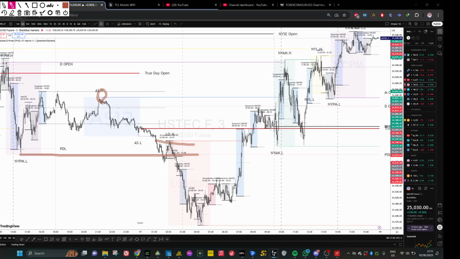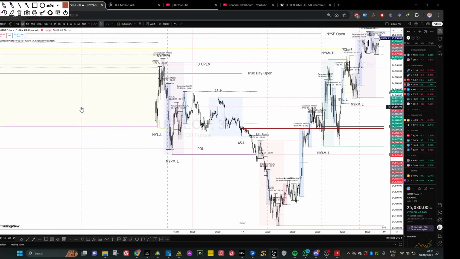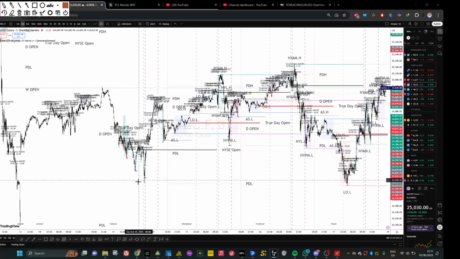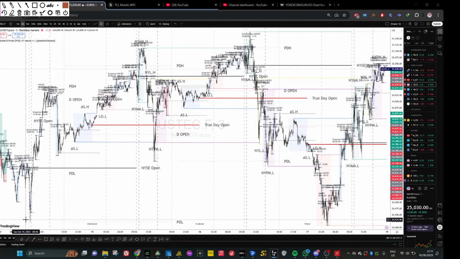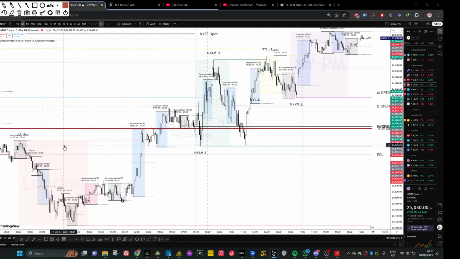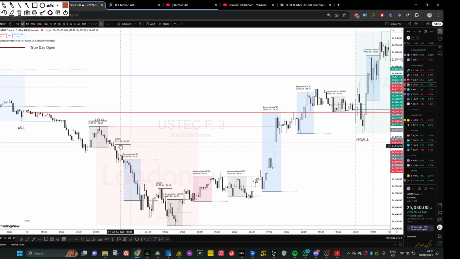Once you get the entry pattern right inside the 150 to 210 macro, it sold right back off, and we ran the low from all the way over here. This would have been Tuesday's low.